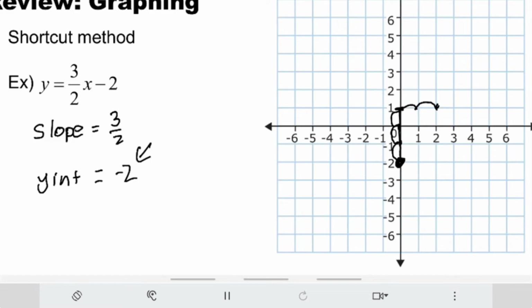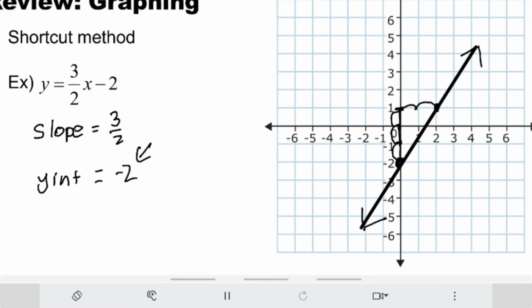And that's where we find our second point here. Again, in order to graph a line, we just need 2 points. So we have these 2 points, then we just draw a perfectly drawn line through both. That's how we draw it. This is the shortcut method. You just put one of your points down, then you use your slope to find your second point.